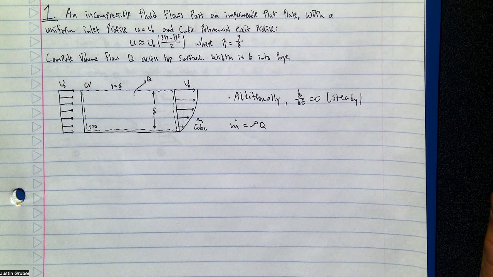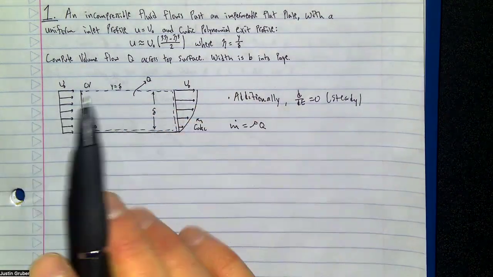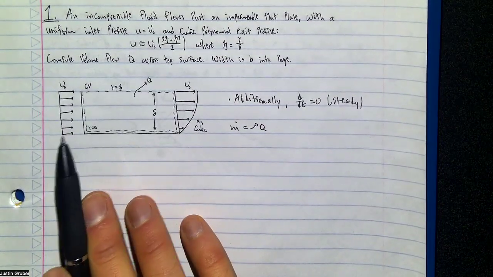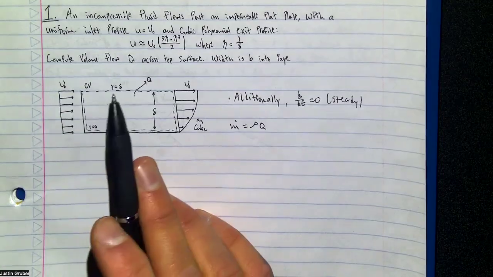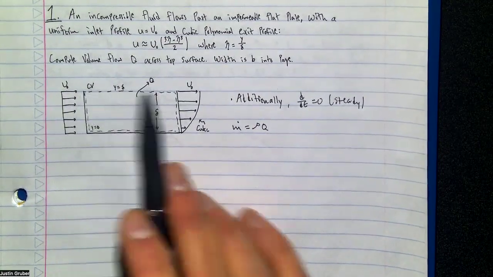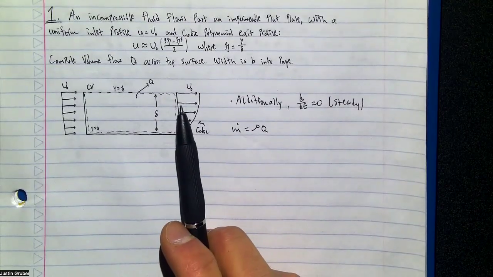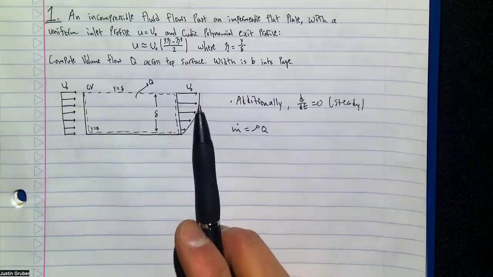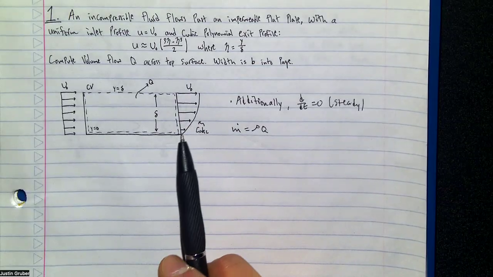So that's the basis of this problem. And the other basis is, we can consider this like a linearly distributed load coming in, where we have all of this mass coming in at a maximum velocity U naught. Coming out, we have the same maximum velocity U naught, but we've got this cubic velocity distribution.